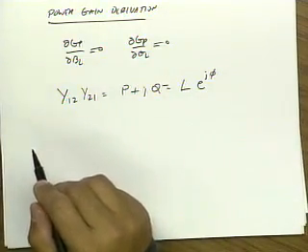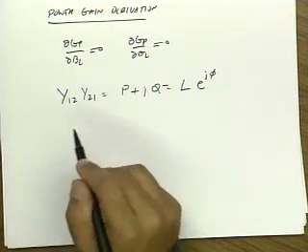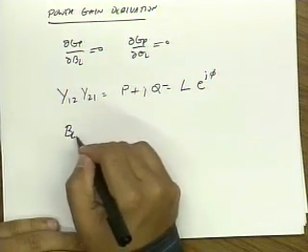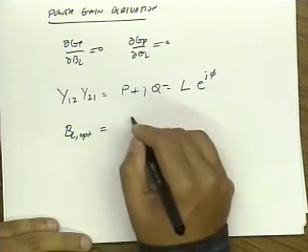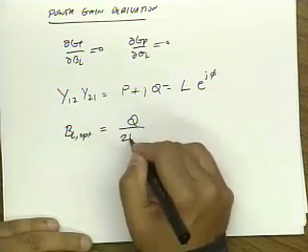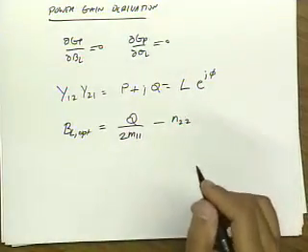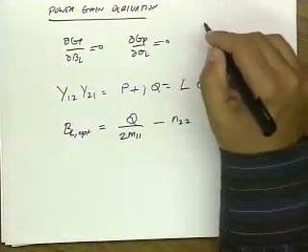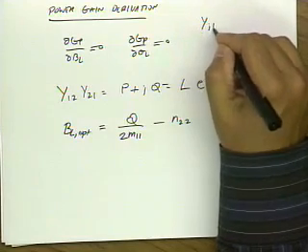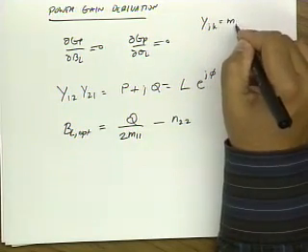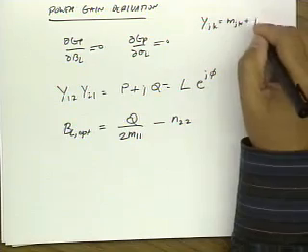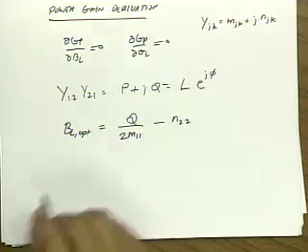If I do that, then BL opt turns out to be Q over 2 M11 minus N22. You need to define M11 and M22. So I'm defining Yjk as the real part Mjk plus j Njk.